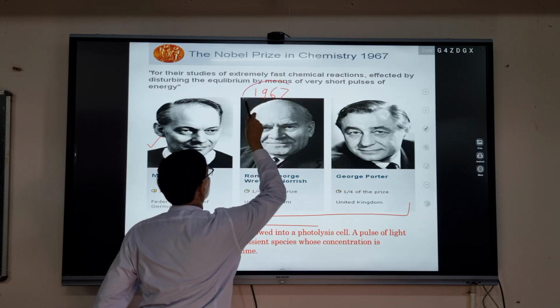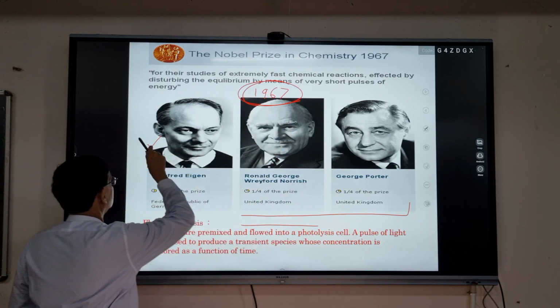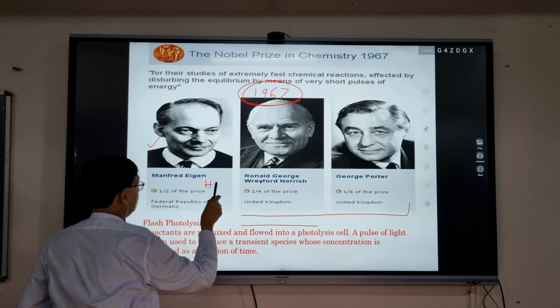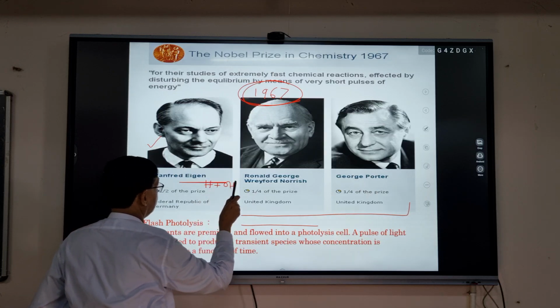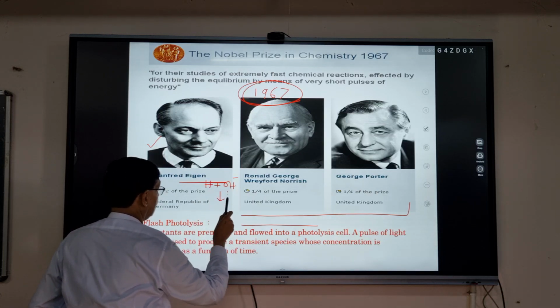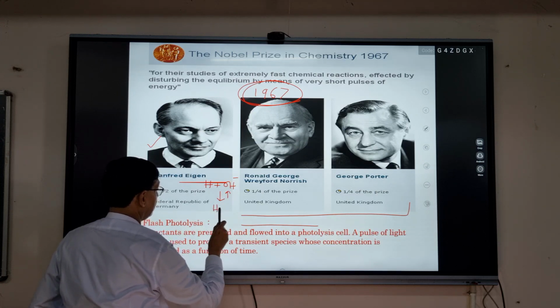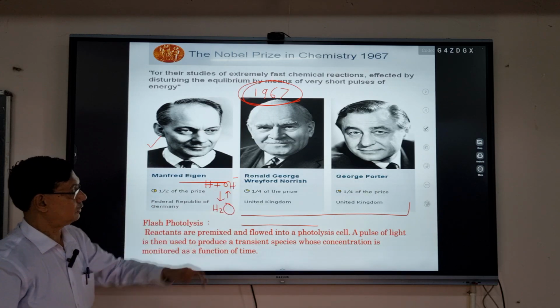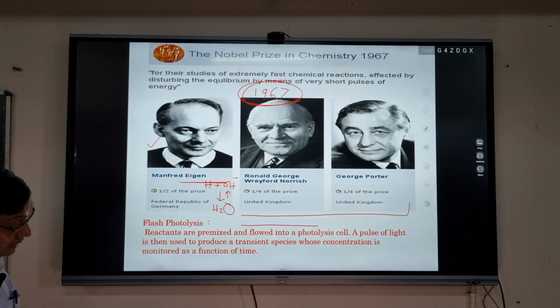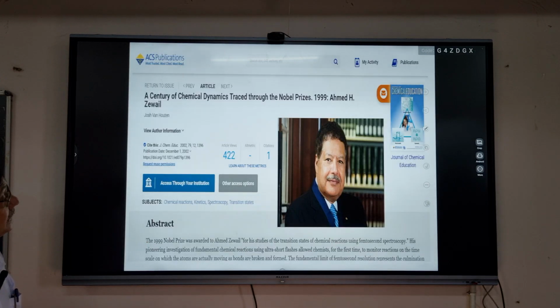In 1967, the first Nobel Prize on the fastest reactions, the formation of water. This is photochemical. Now, the second Nobel Prize, 1999. A great scientist.